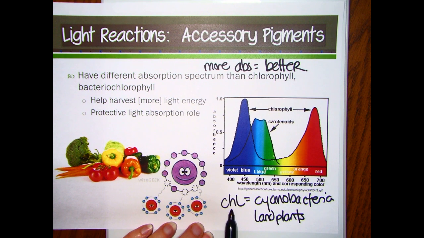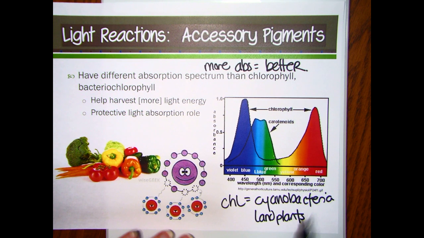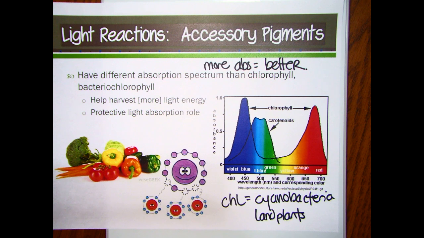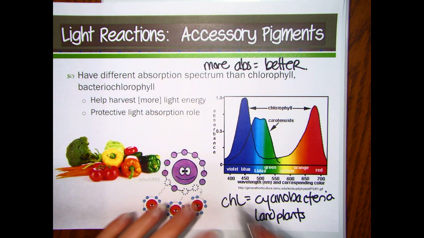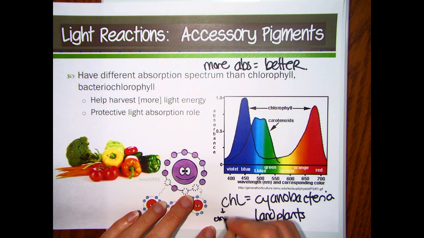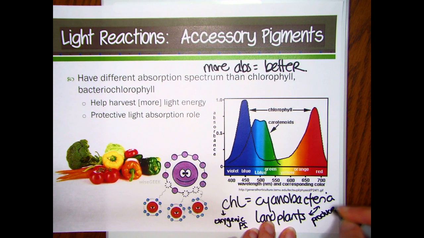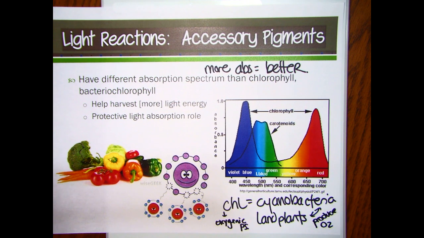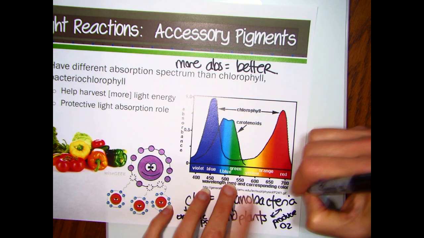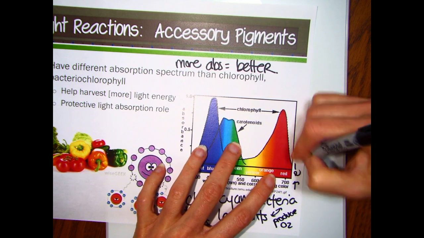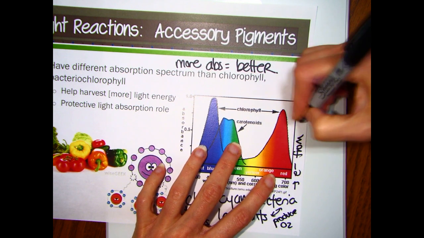Chlorophyll, which we will abbreviate CHL because who wants to spell out chlorophyll, is found in cyanobacteria and land plants. As you might remember from the previous slide, chlorophyll is used in oxygenic photosynthesis. So both of these produce oxygen, which hopefully you remember from 2 minutes ago means that they get electrons from water.